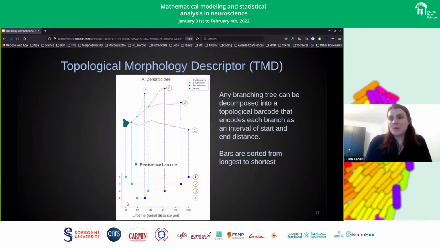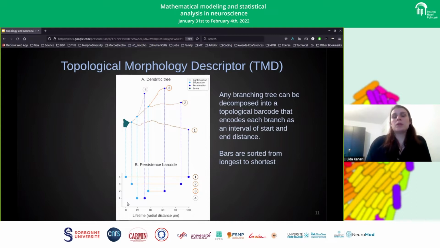So what we did, in collaboration with Kathryn and inspired by topological data analysis methods, was to find a way to encode the information that you see in this branching pattern into a topological description. The motivation for that is that in the past, neuroanatomists were trying to measure specific properties.